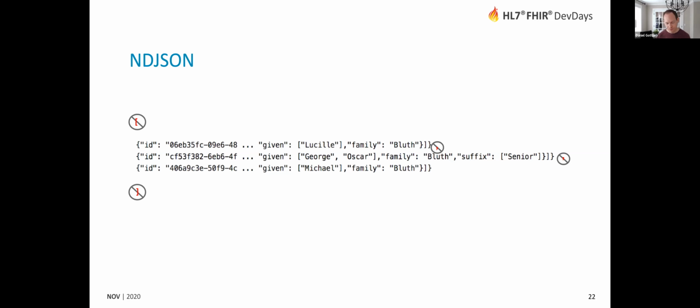And this is actually a pretty powerful distinction, even though it seems small, because it means that servers and clients can read and write these NDJSON files in a streaming way, because you don't need to know anything beyond one line in that file in order to process that single line. You don't have to load the entire file into memory to read it, and you don't have to have the entire file in memory to write it.